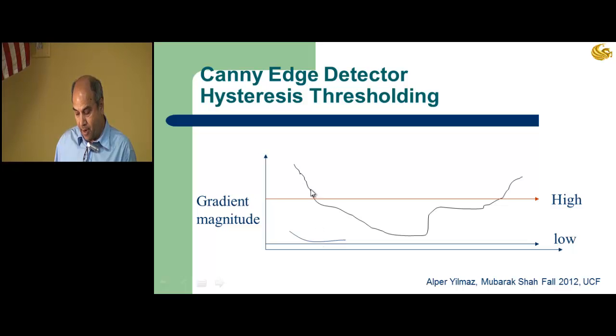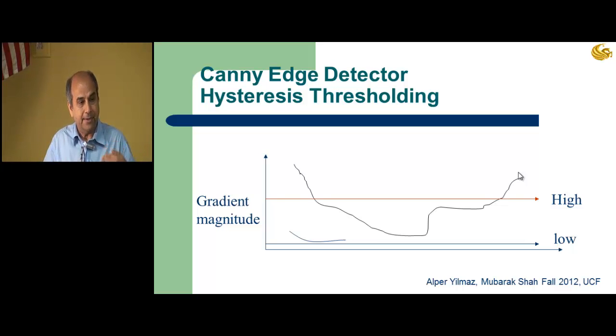And this is above high, we'll take this, we'll take this. Now, since these are connected to the one which is above high, and they are above low, we are going to make them edges also. So that way we'll get the right one. Which is pretty interesting, and it works.